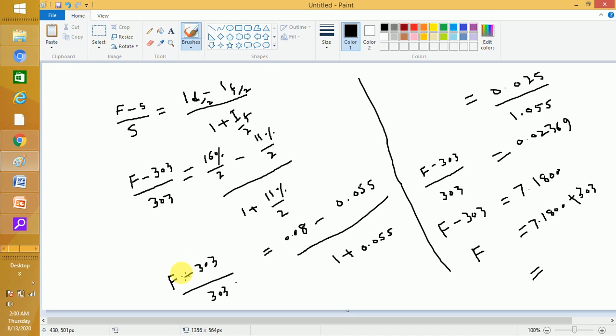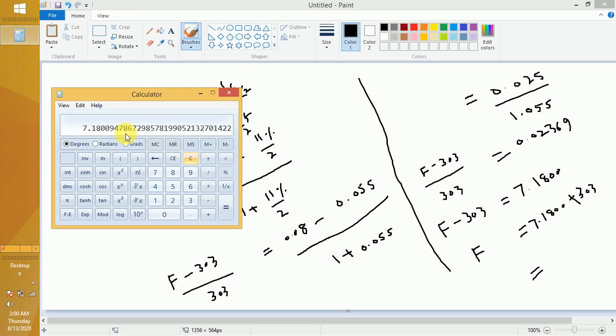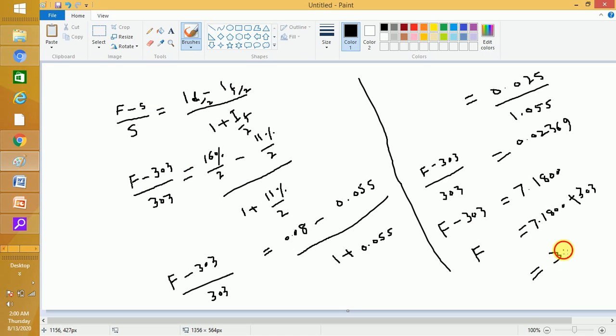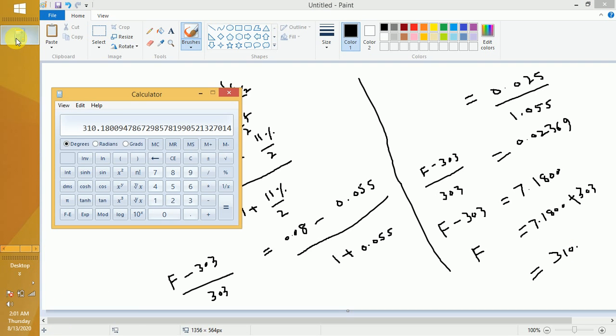So we will get our answer: 303, this factor, plus 303. So we got 310.1800.